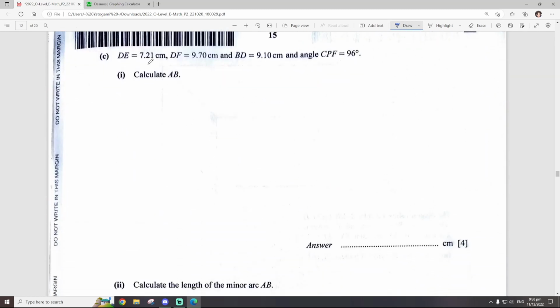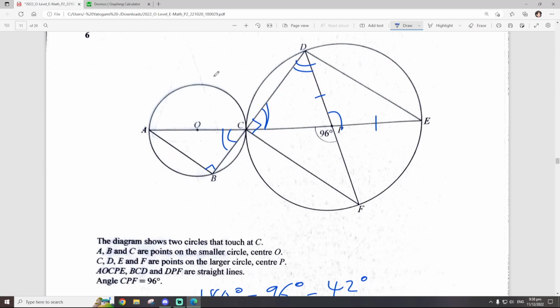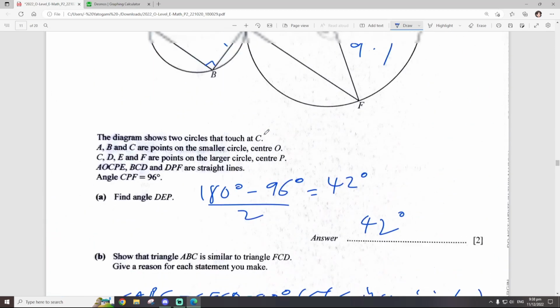Now, DE is 7.21, DF is 9.7, BD is 9.1, and calculate AB. Okay, we're already given CPF. BD is 9.10.